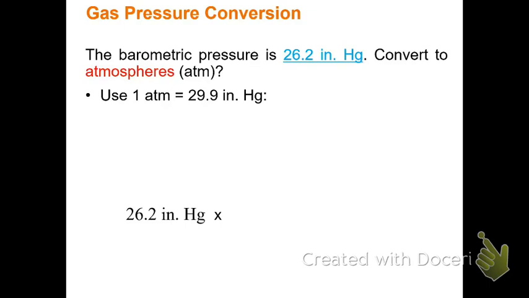The equivalence factor is 1 atmosphere equals 29.9 inches of mercury. You multiply by the equivalence factor, putting inches of mercury in the denominator and 1 atmosphere up top. Now you see how inches of mercury cancels, and we get the unit that we want, which is atmosphere. Plugging this into the calculator, 26.2 times 1 divided by 29.9 gives us 0.876 atmosphere.